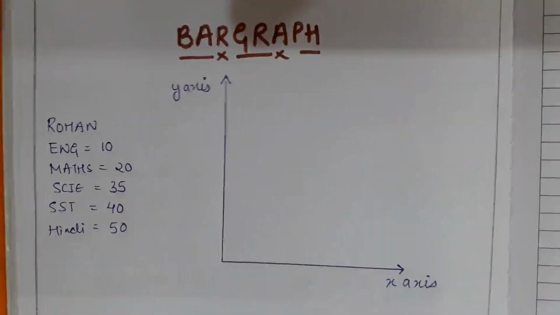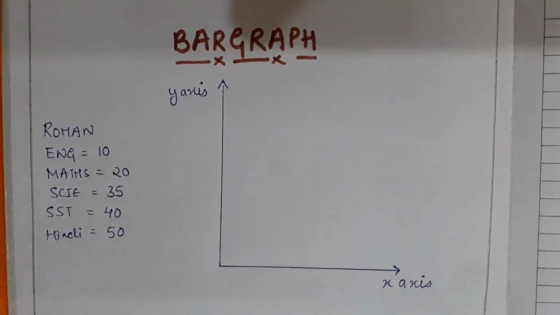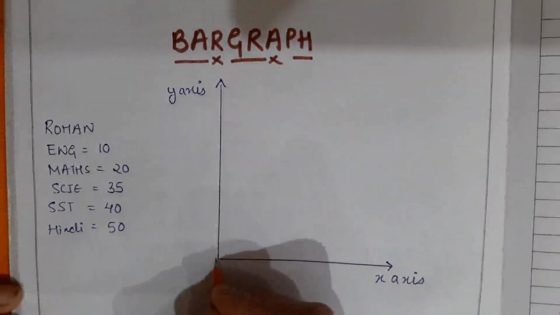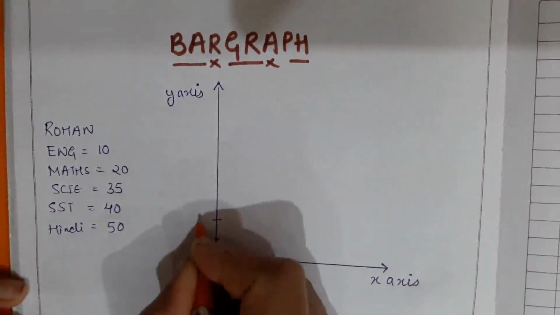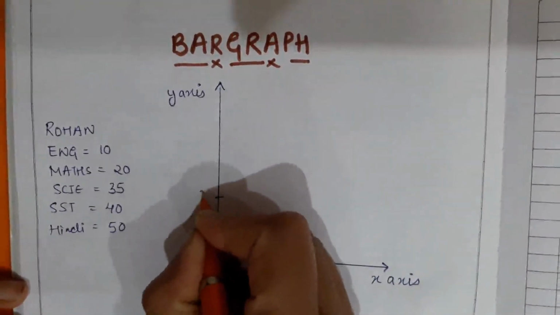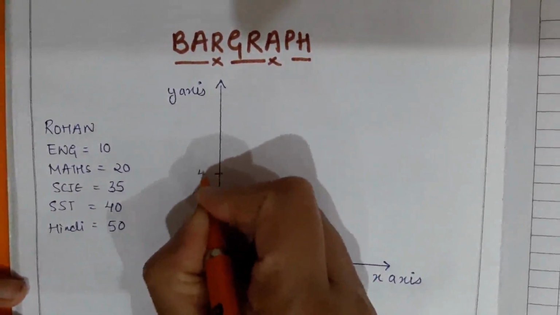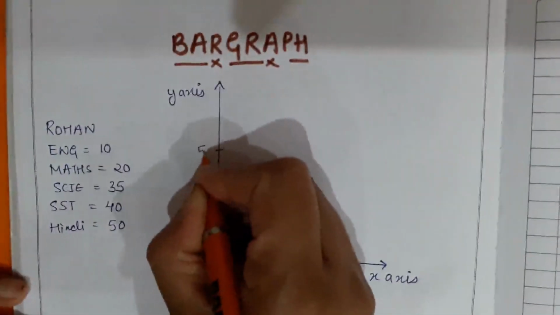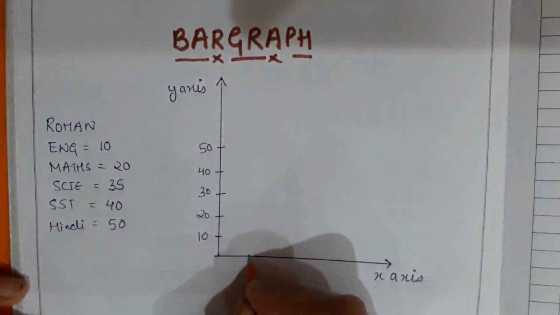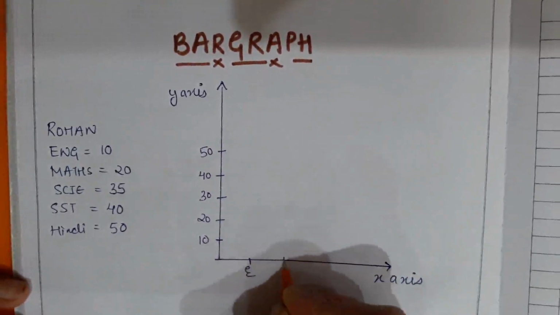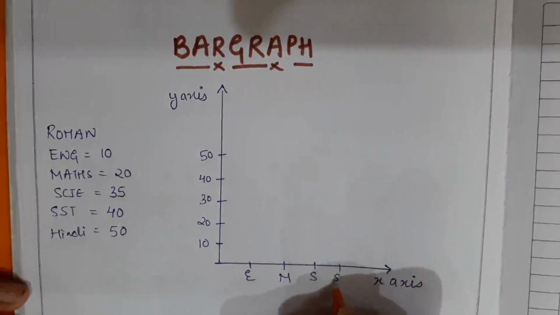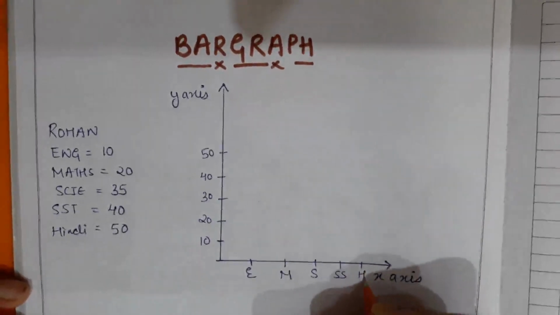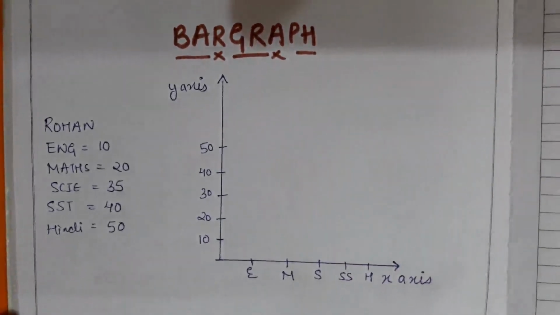So this particular data we need to represent in the bar graph. For that, this is your 0, this particular point represents 10, 20, 30, 40 and 50. This is your English, this is your maths, this is your science, this is your social science, and this will be your Hindi. Getting my point?